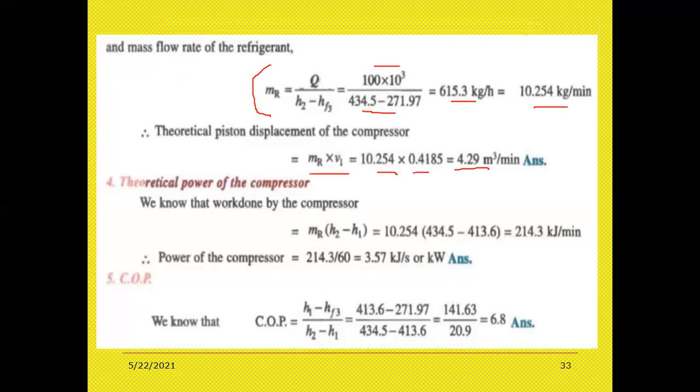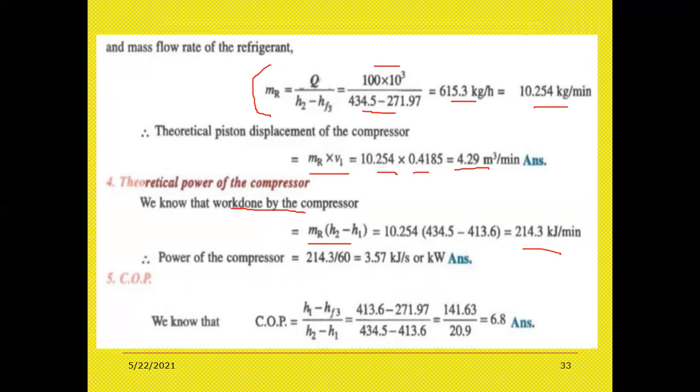Next, the theoretical power of the compressor. The work done by the compressor is equal to m into H2 minus H1, that is 10.254 into the H2 minus H1 value, we get 214.3 kilojoules per minute.